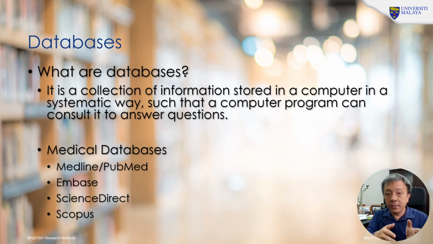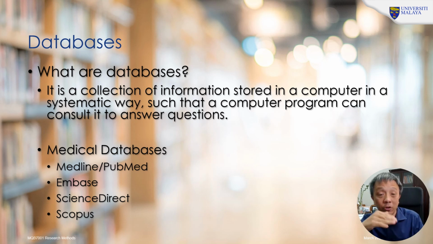Which is better? The scholarly databases, excluding Google Scholar, like medical databases, are better because the information that you get is more structured. That means you would be able to get the correct information that you want based on the different categories of information that you want to retrieve.